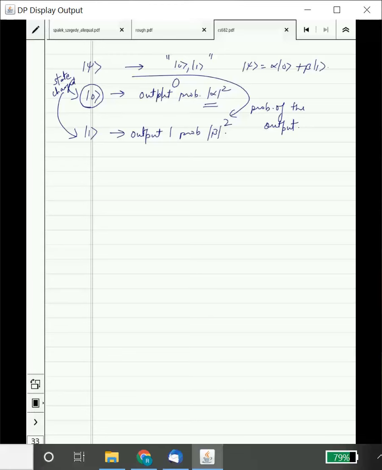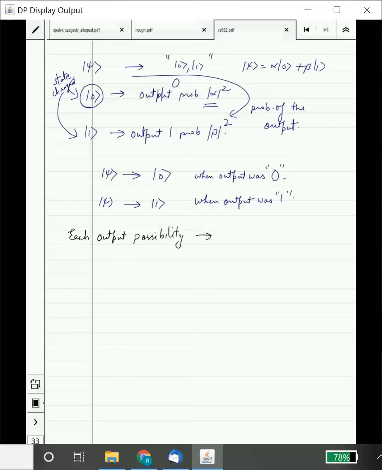In general, we would like to say that psi got projected into 0 when the output was 0, and the state psi got projected into 1 when output was 1. In other words, each output possibility corresponded to a projector.